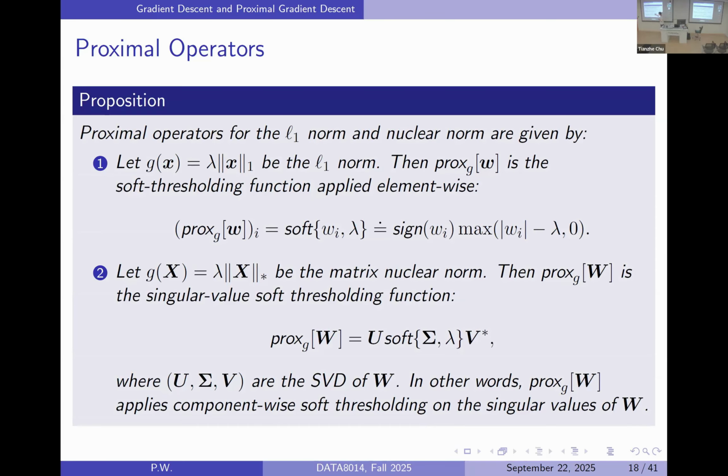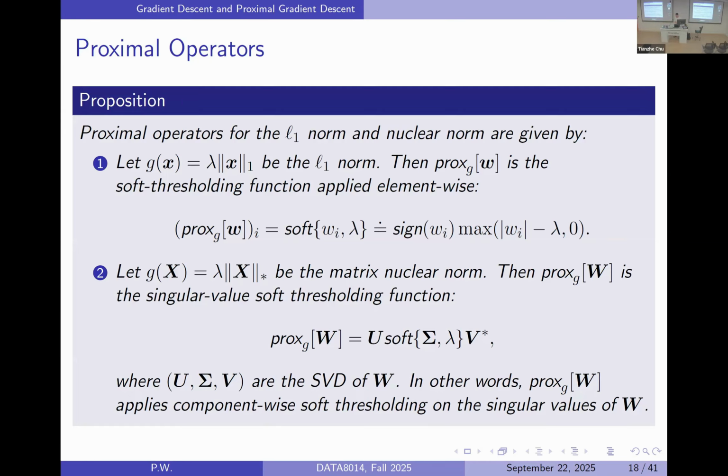That is, U times the soft-thresholded sigma times V transpose, where sigma is the diagonal matrix and U sigma V transpose is the SVD of W. You first apply the singular value decomposition to W, then apply the soft thresholding to sigma, and then you get the proximal operator. The soft thresholding is applied component-wise to the singular values of W, that is, the diagonal elements of sigma.